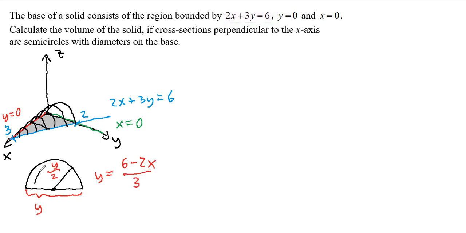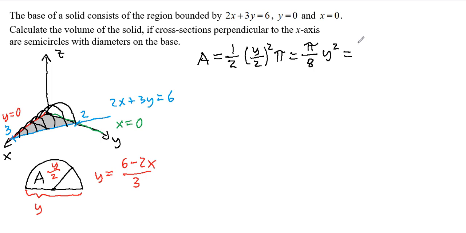Now we are able to express the area of this semicircle in terms of x via the variable y. Namely, the area is half radius squared times pi, and the radius is y over 2. And after simplifying, the constant coefficient is pi over 8 times y squared, and since we know y in terms of x, we make that substitution as well.